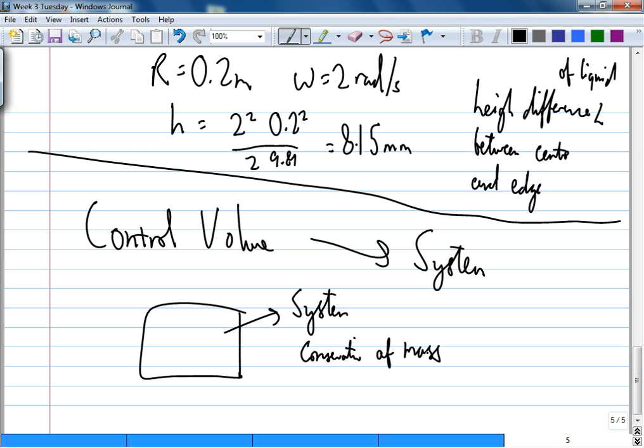So that's our system. We track it. In case our system breaks into two pieces, we must still continue tracking those two pieces. If our system breaks into 10 pieces, we must continue. You cannot lose any of those pieces. As long as you don't lose any pieces, your mass is conserved.